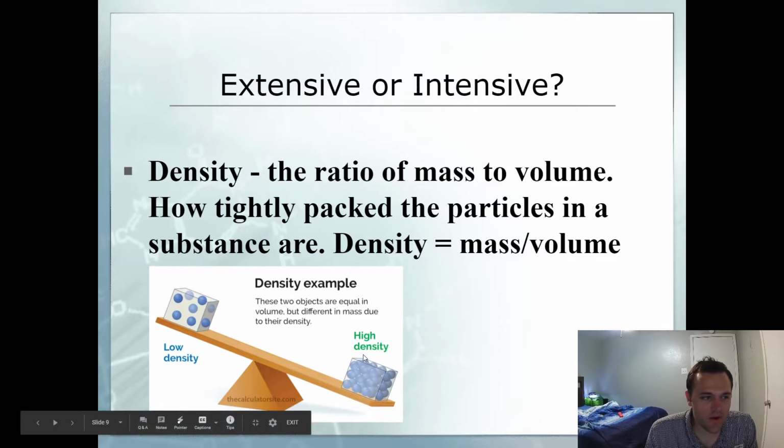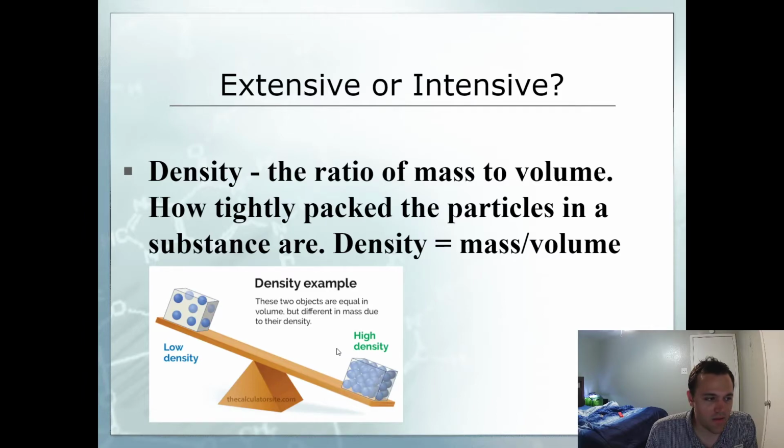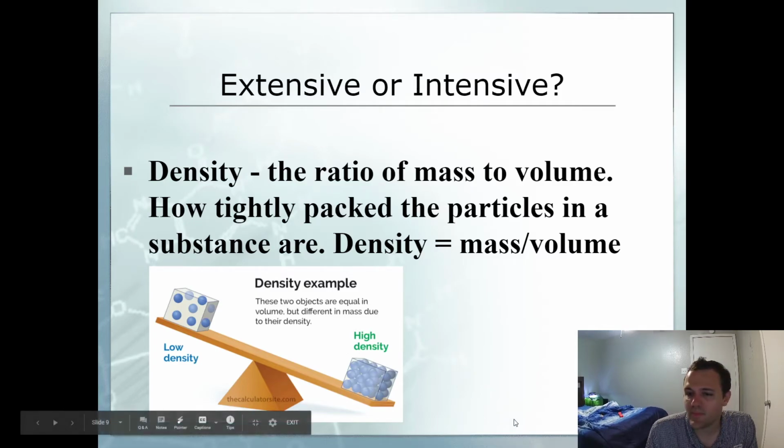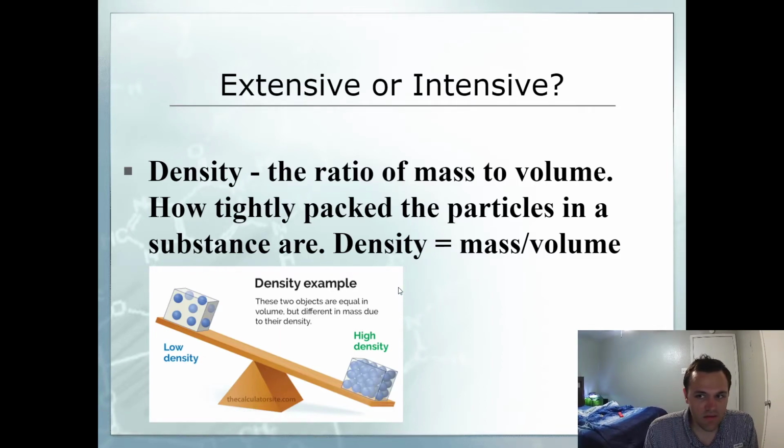And this is one where it is an intensive property because it does not matter whether I have a gallon of water or an ounce of water. Water is always going to be the same density. It's always going to have the same mass per volume, and that's 1 gram per milliliter. So having more of a substance doesn't change its density, so it is an intensive property.